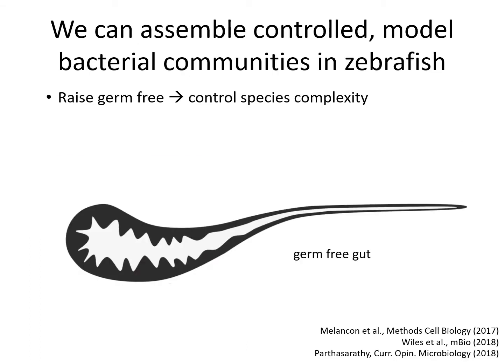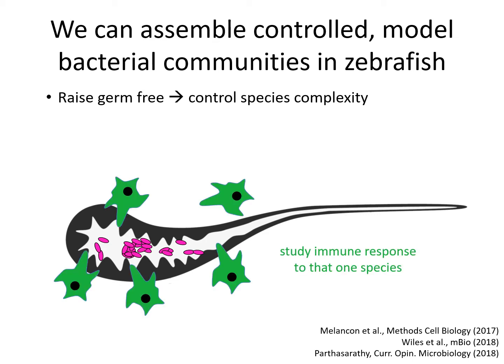On the bacteria side, we make extensive use of these protocols that have been established for deriving larval zebrafish initially devoid of any microbes, or germ-free. What this allows us to do is to start with a clean slate of an empty gut, and then add back in single species of bacteria at a time, and then study how these controlled single species communities interact with the immune system.